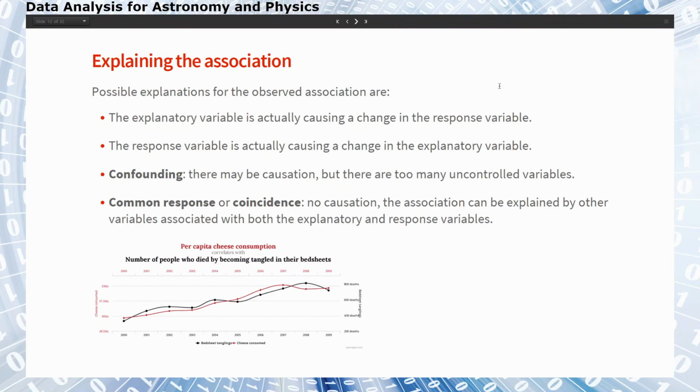We could have the case of confounding, that is, that there may be causation, but there are too many uncontrolled variables that also play a role. And there is the possibility to have a common response or a coincidence, which means that there is no actual causation and that the association between the variables can be explained by other variables associated with both the explanatory and the response variables.